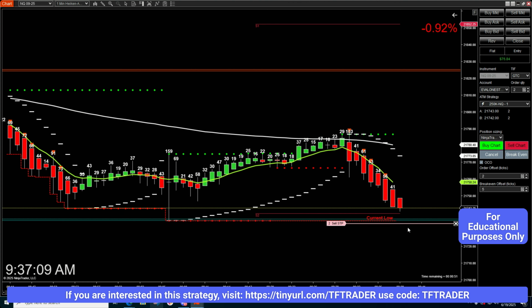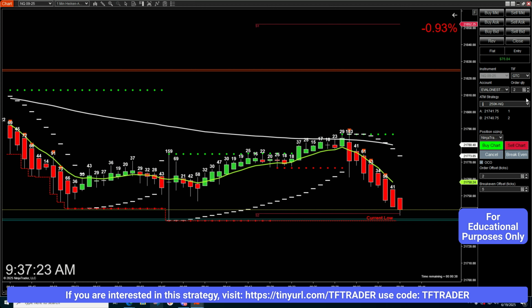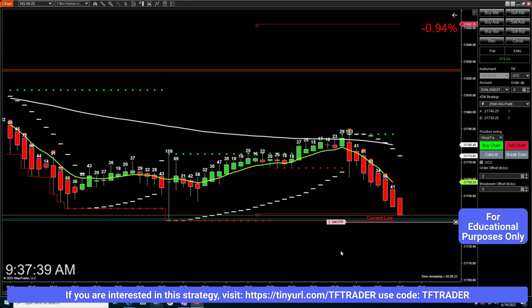Order submitted. Order canceled. Order submitted. Yeah, I switched to the smaller ATM target because we're not getting large bars here. So we're going to now go through for an S3, which is a break of this zone in the current low.